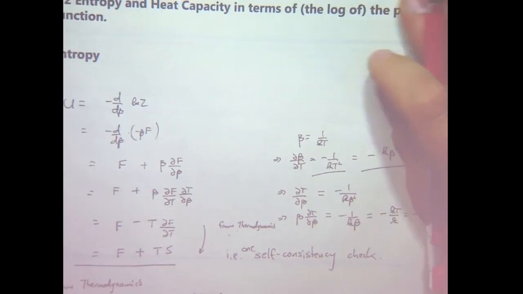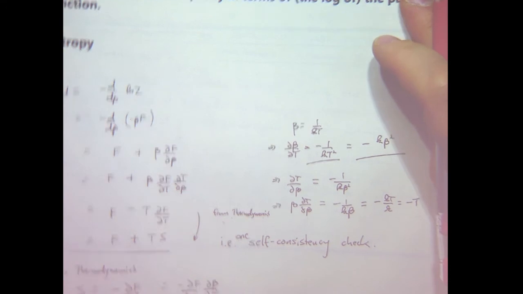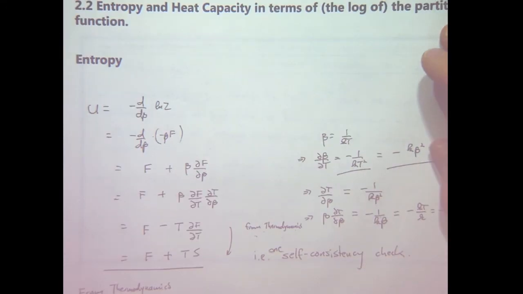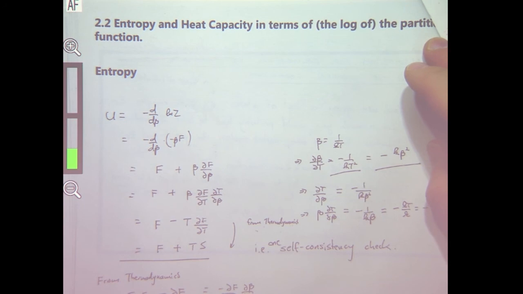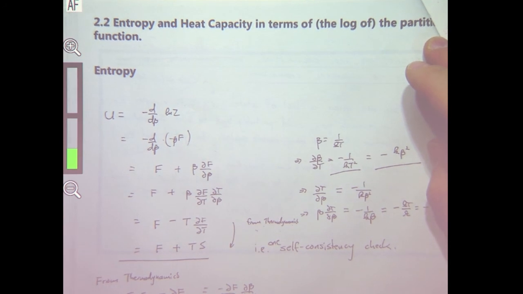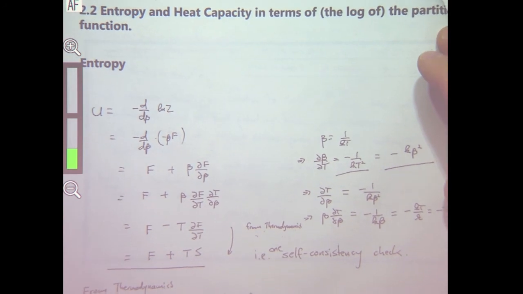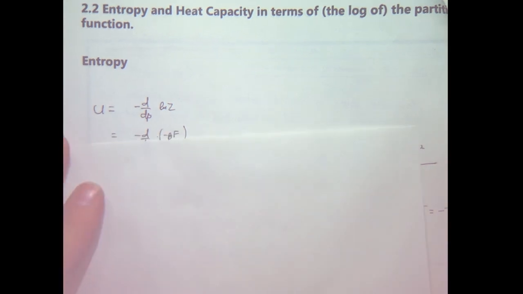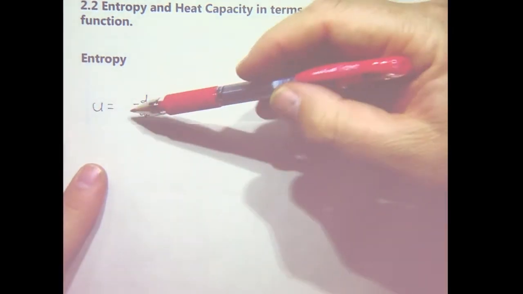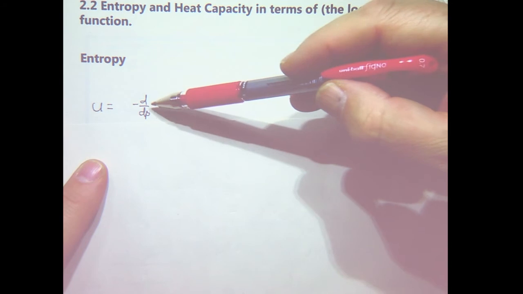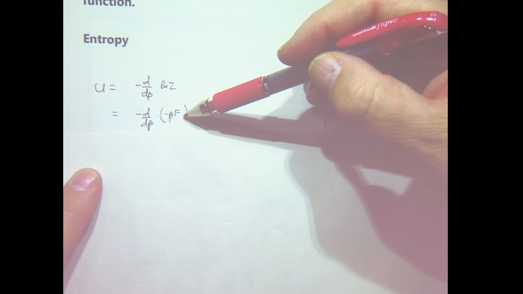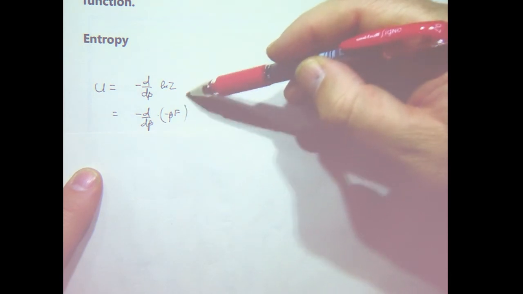So the entropy and heat capacity. These are two very important things that we should make sure we get. So if we do this, we know that the internal energy is minus d by d beta of log Z, but log Z is minus beta F. So stick in thermodynamics already in the second line.